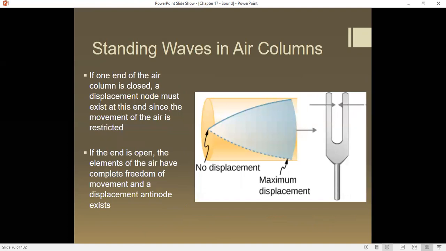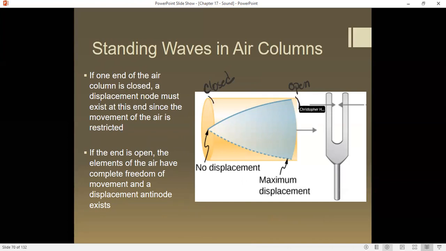Okay, let's talk about a standing wave in an air column. Now, when I have some vibrating object, like a tuning fork, that's giving off different wavelengths of sound. If I send it down an air column where one end is open and the other end is closed, it will reflect off of the closed and open end.